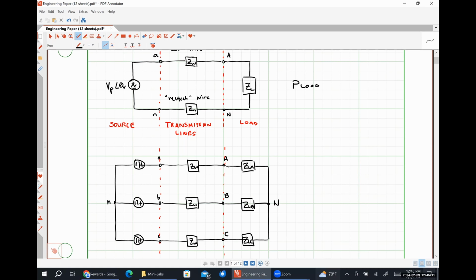Well, in this system down here, we have three loads, which are also absorbing some power P load, but it only takes three wires in total. So it's economically significantly cheaper because it costs less money for conductors. You can deliver more power using fewer conductors, so it's cheaper for the utility company. It's less infrastructure cost. That is the predominant reason why three-phase power is used.